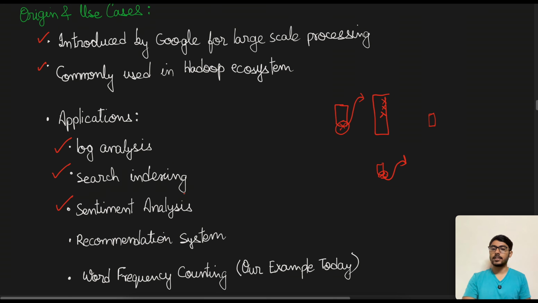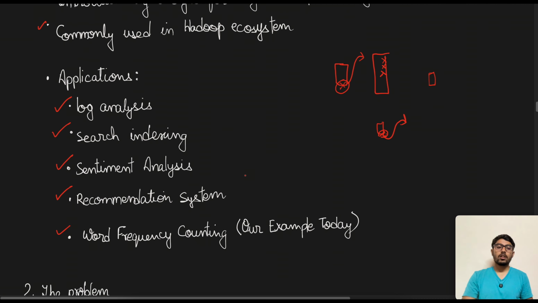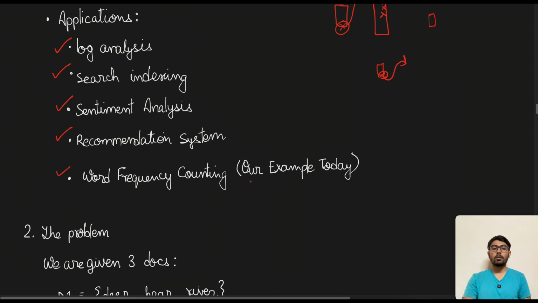Search indexing is also like in the title, in the description, sub pages. Sentiment analysis is another thing. Recommendation systems, word frequency counting, right? So we'll see that today. And yeah, these are the different problems, or I'll say problem paradigms, that MapReduce is being used to solve.